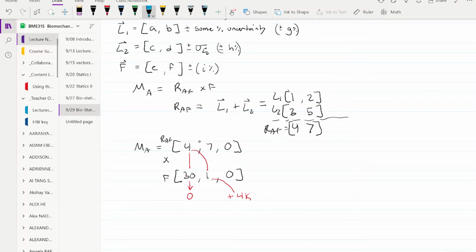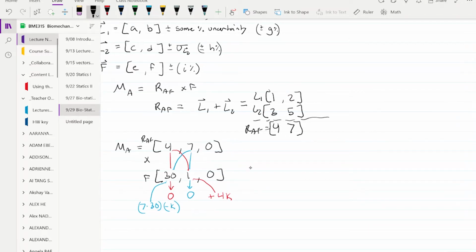And then 4 times 0 is 0. So now it's 7, working backwards, J to I, and we get a negative K. So 7 times 30, negative K. And then here it's 7, 1, J cross J is 0.